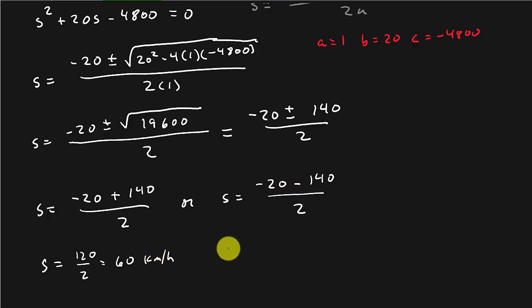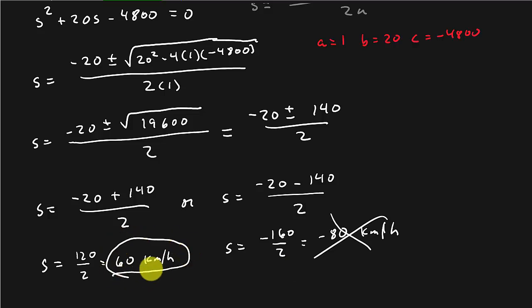And here I would get S is equal to negative 160 over 2, which is negative 80 kilometers per hour. And we know that's not going to be an answer. It's not going to be negative. And so that is the car's original speed.